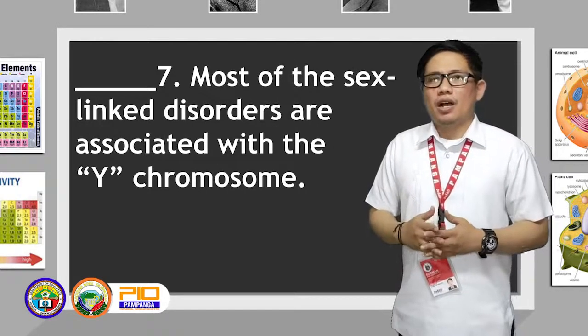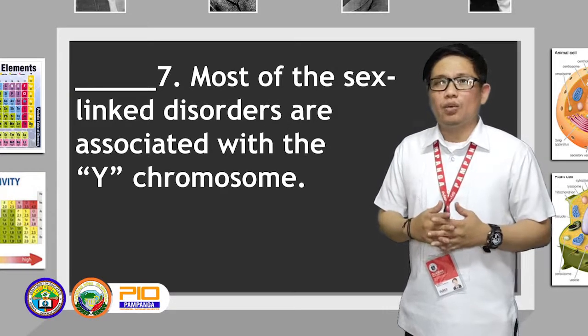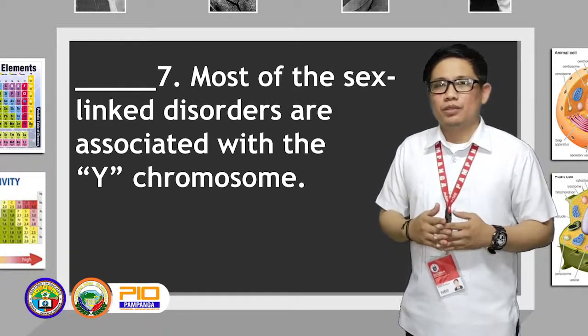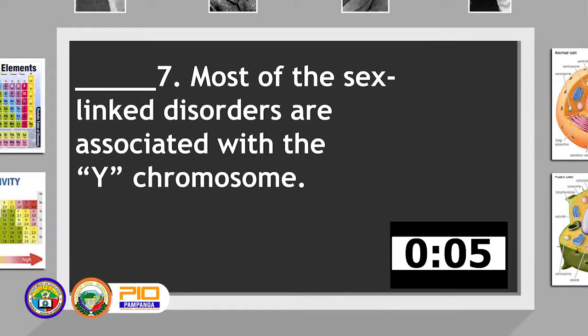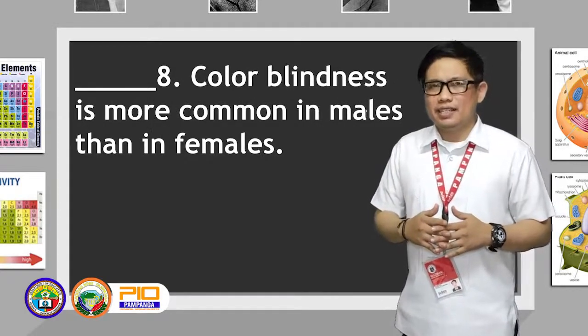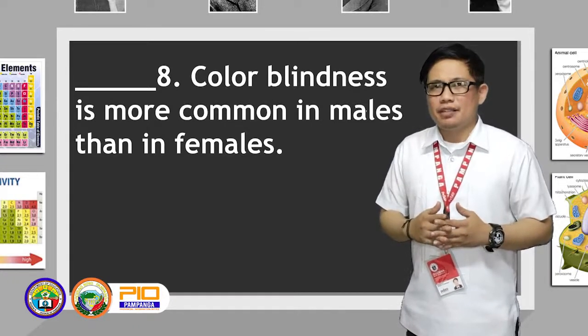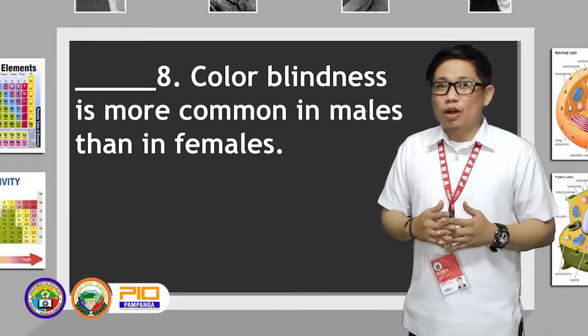Number 7. Most of the sex-linked disorders are associated with the Y chromosome. True or false? Number 8. Color blindness is more common in males than in females. True or false?